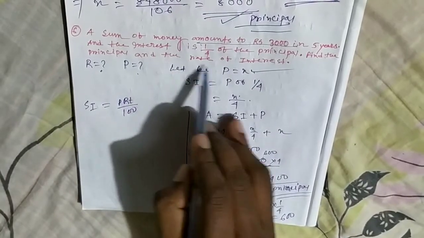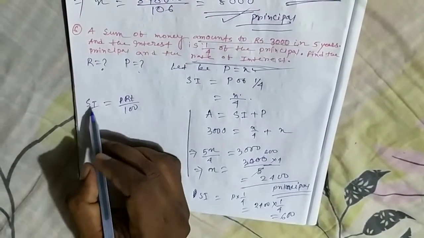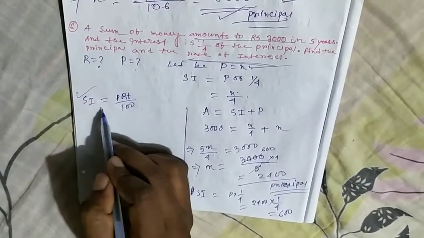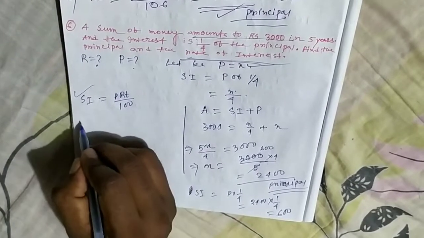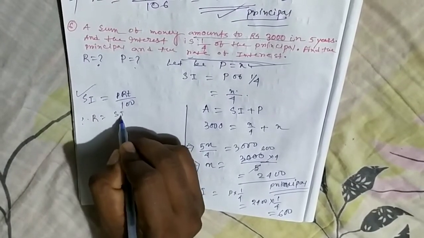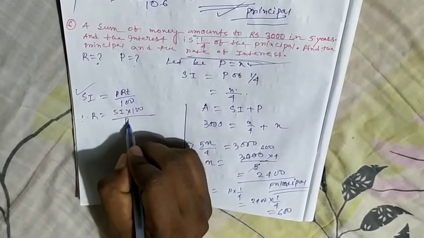Interest is equal to $600. And next question, rate of interest. We put the formula of SI is equal to PRT by 100. Therefore R is equal to SI into 100 by PT.